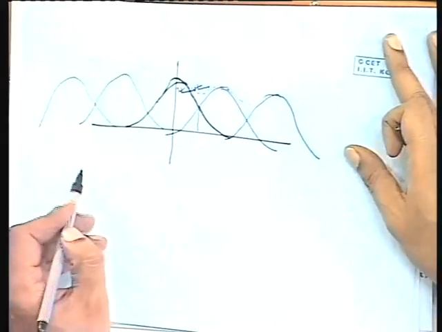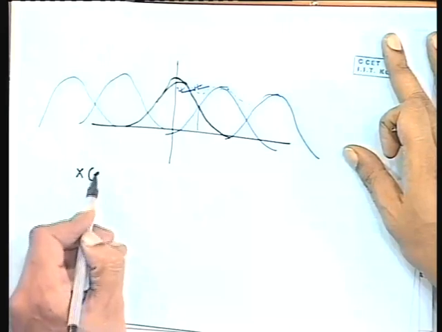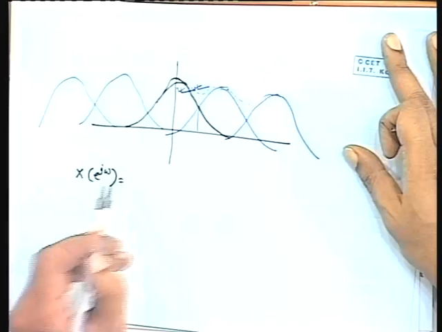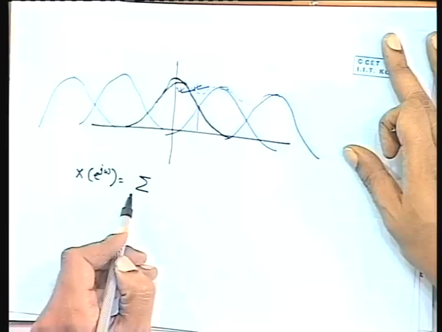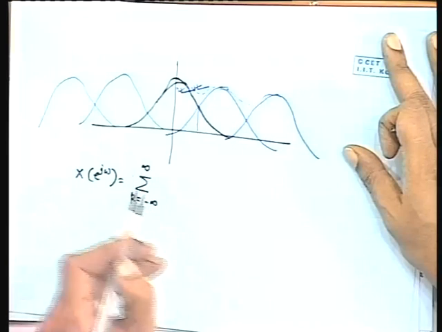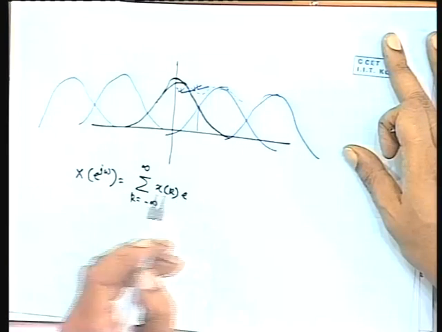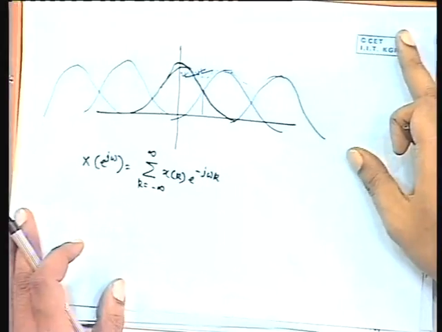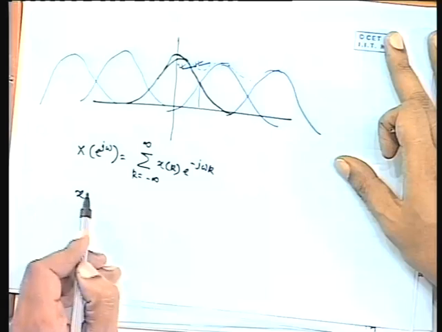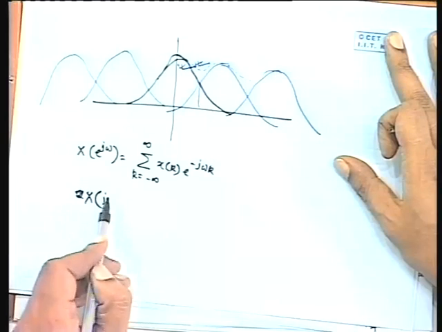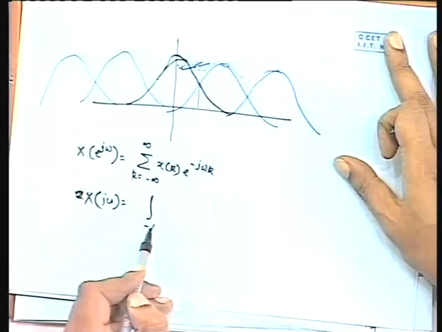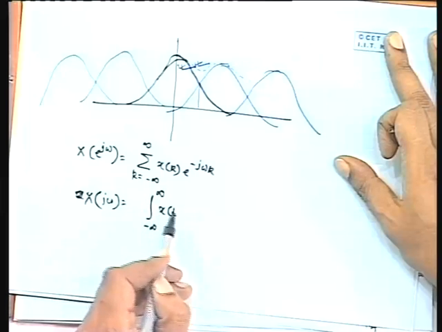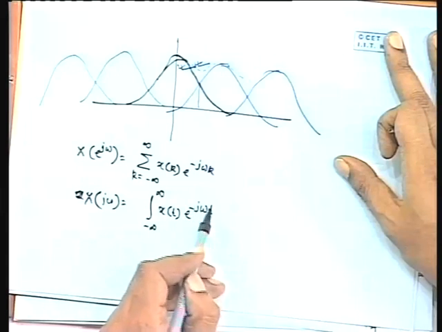For example, just imagine that you are defining X(e to the power j omega) equal to sigma k equal to minus infinity to infinity x[k] e to the power minus j omega k. This is how you are defining the DFT, while X(j omega) you are defining as the integral from minus infinity to infinity of x(t) e to the power minus j omega t dt.